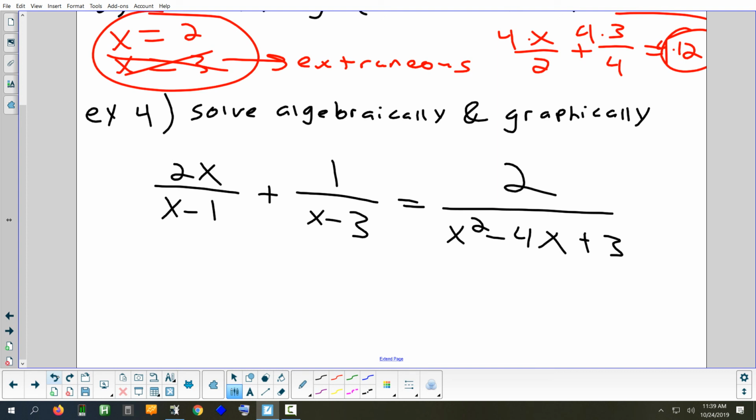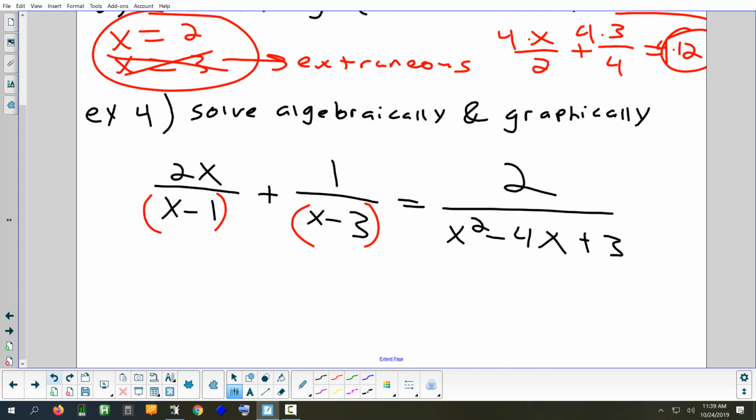Okay, so if you look at these factors, a lot of times what I do, so it doesn't get too bad, if you take x minus 1 and x minus 3 and multiply them together, you actually get that right there. So this is not another factor. It's not a different factor. It's just these two right here.